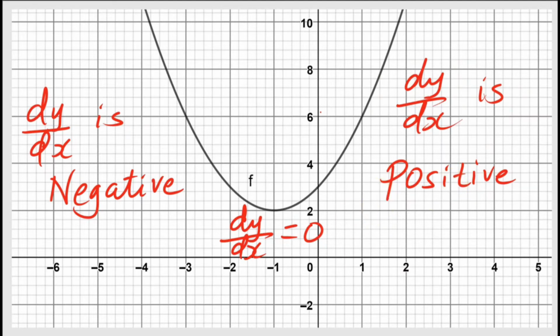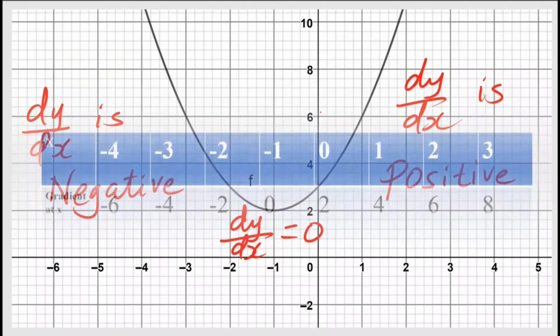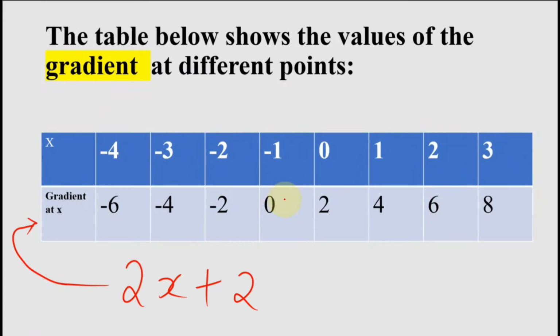Now you go to the table of values that you've drawn, you realize that at this point, at -1, the gradient is 0. To the left, the gradient is negative. Then to the right of that point, the gradient is positive.